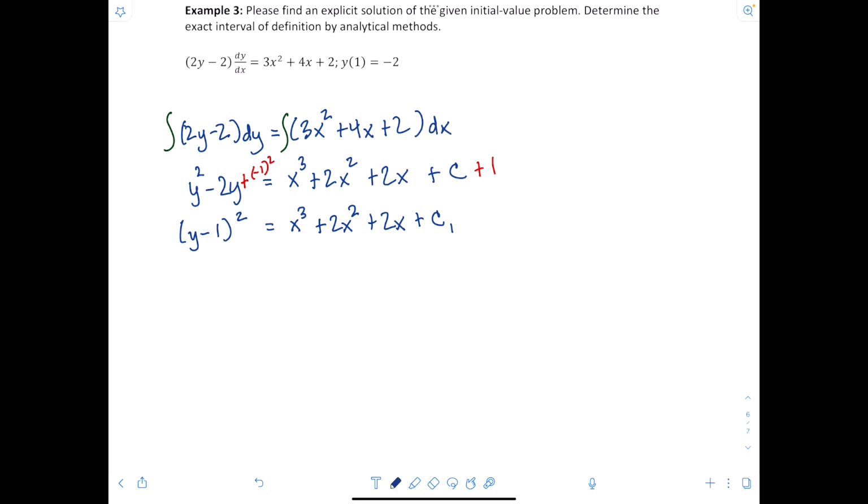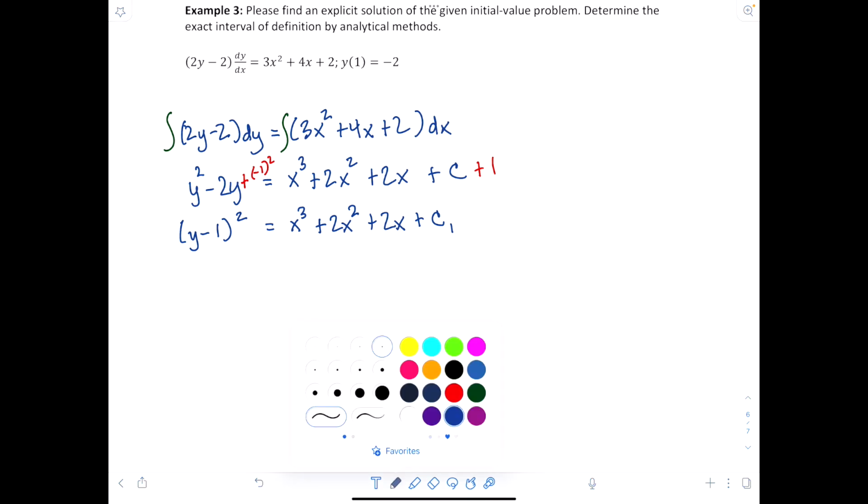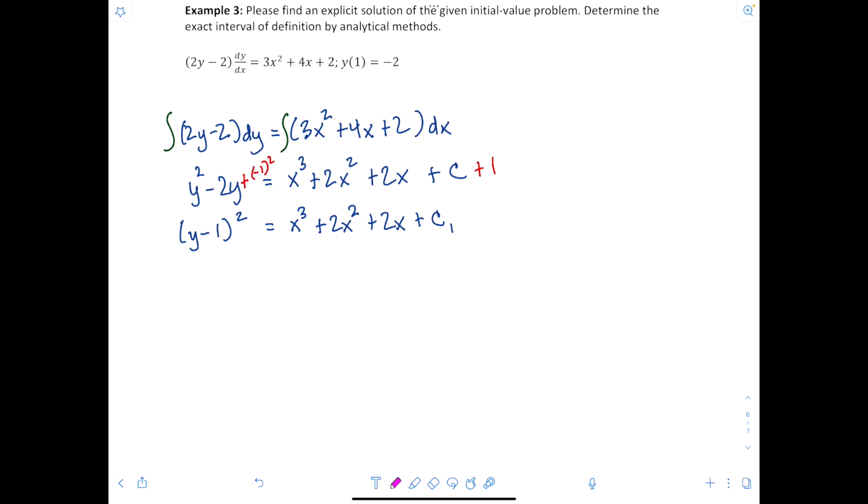But now we want to use our initial value condition, right? So we know that y at 1 is negative 2, okay? So I'm going to plug in negative 2 wherever I see a y, and then 1 wherever I see an x, so that I can get a particular solution.